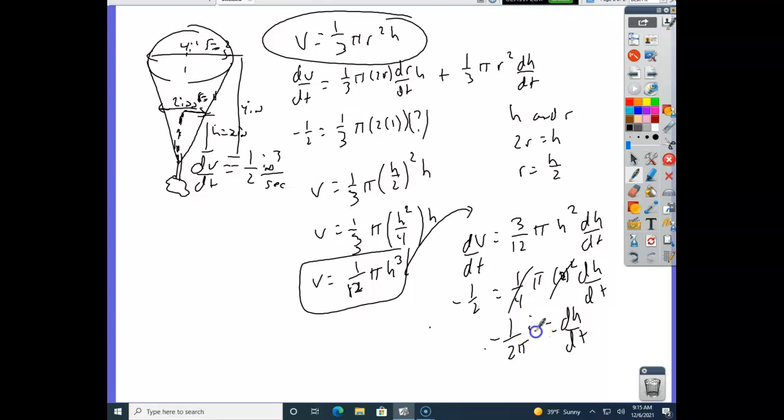Inches per second. So water drained out of the bottom of that cone-shaped thing at negative 1 over 2 pi inches per second.